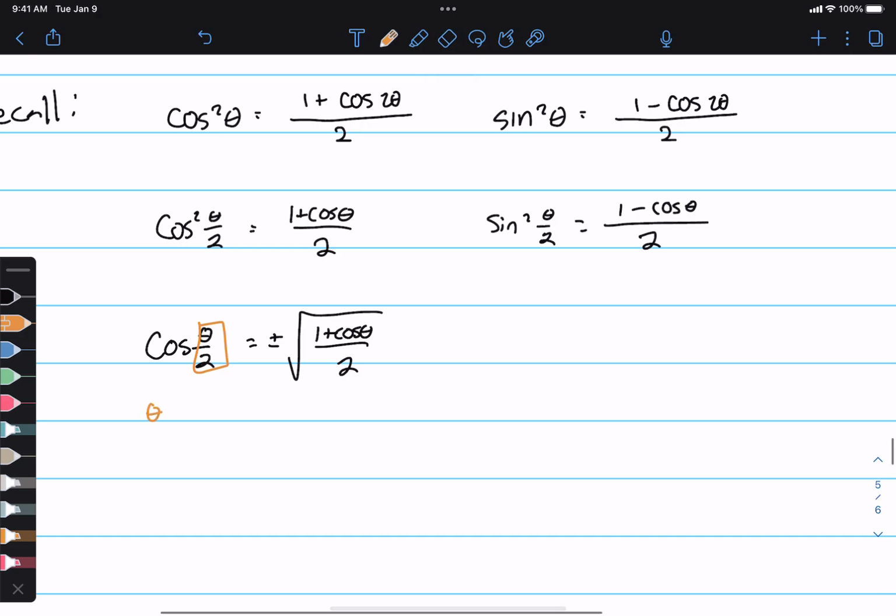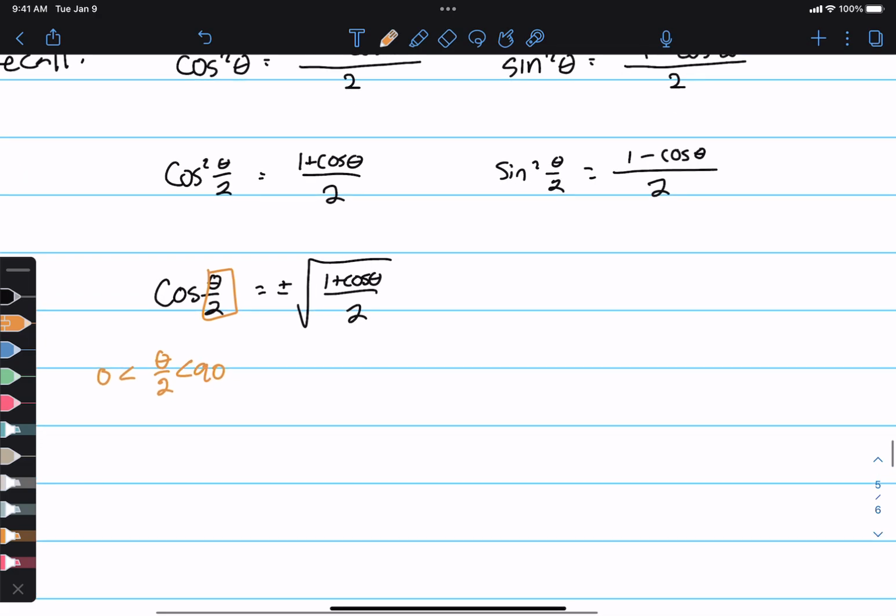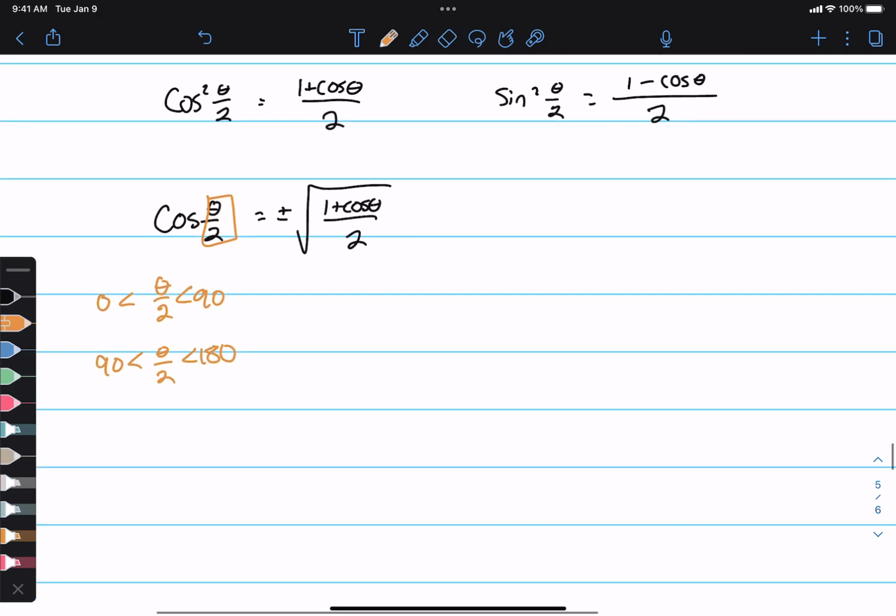So if theta over 2 is between 0 and 90 degrees, cosine is positive. If it's between 90 and 180 degrees, that's when cosine is negative. Or if it's between 180 degrees and 270 degrees, that's also negative, so cosine negative, cosine negative, cosine positive.